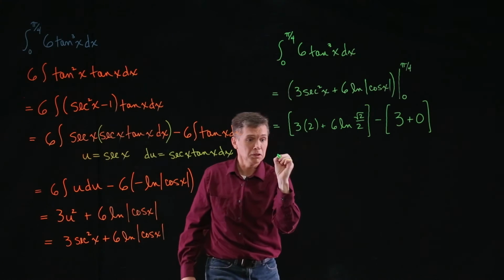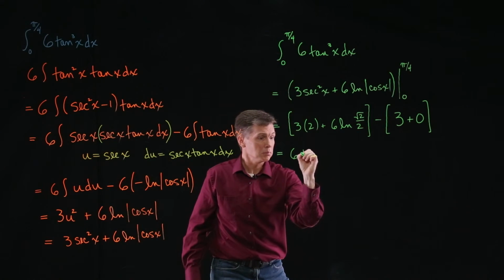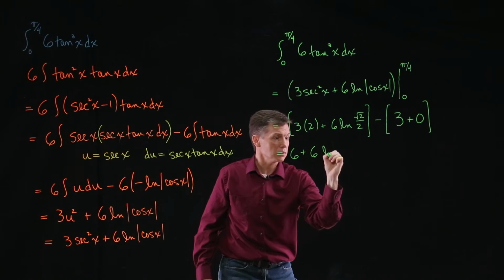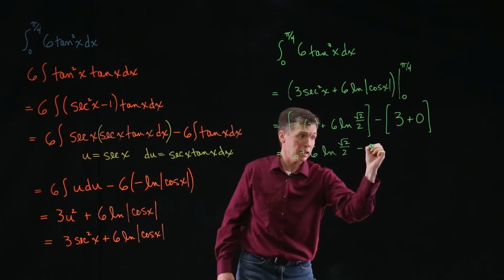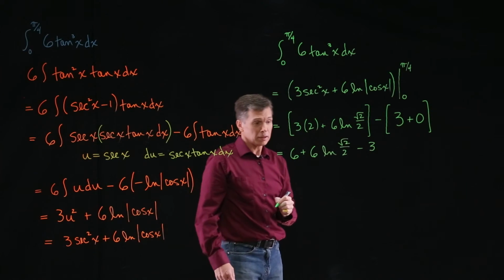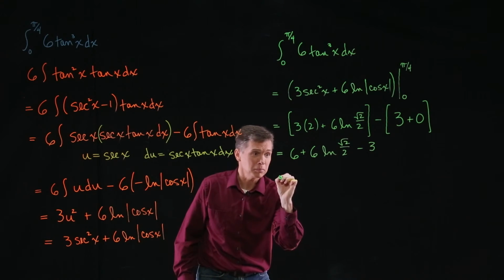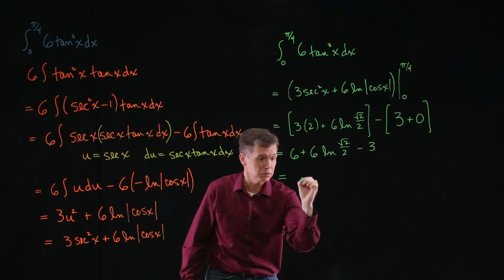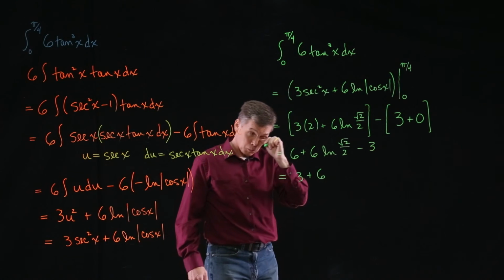All right, so a little bit of cleanup here. 3 times 2 is 6, plus 6 natural log square root of 2 over 2, and we're subtracting 3. And I still don't even want to resort to a calculator yet. I want to clean this up. 6 take away 3 is 3. But watch this even.